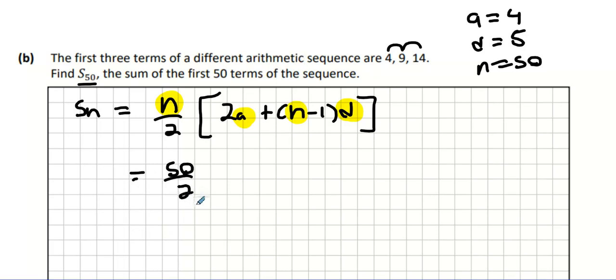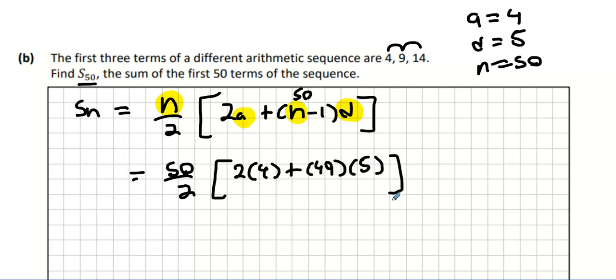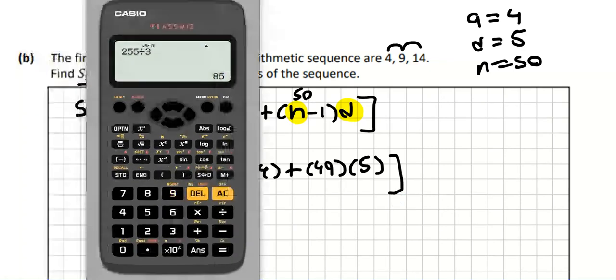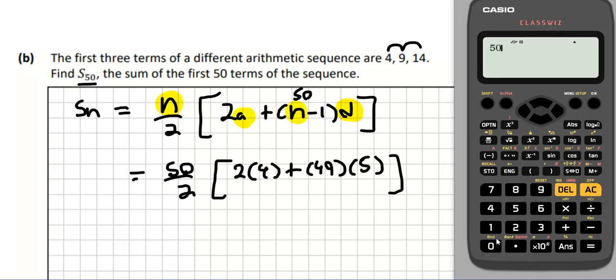It's going to be 50 divided by 2, 2 times 4, n minus 1, that's 50 minus 1, which is quite simply 49, and then multiplied by the d value, which is 5. I'm pretty sure I could enter all this into the calculator, and it should be no big deal. 50 over 2, 2 times 4, plus 49 times 5.